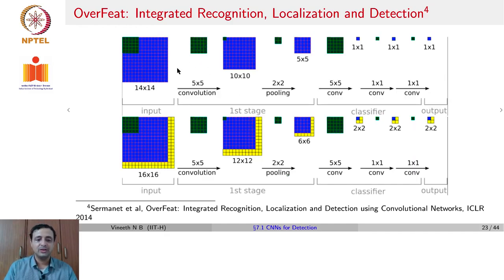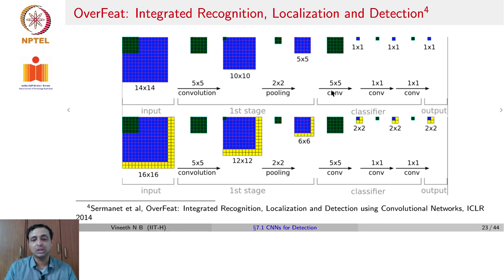Let's see how. Given an input which is, say, 14 cross 14, or you pad and make it 16 cross 16, you perform a 5 cross 5 convolution. This is only an example for visualization. You get a 10 cross 10 output, assuming you did not do padding, and if you do the 2 pixel padding, it becomes 12 cross 12. Then a 2 cross 2 pooling makes it 5 cross 5.